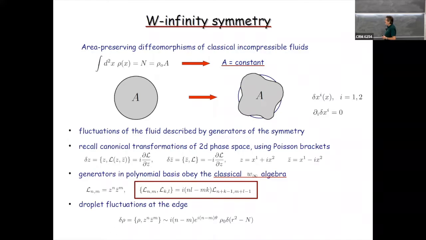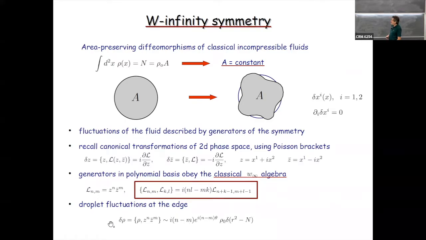And so for example, how do I describe the fluctuation of the boundary? Well, the fluctuation of the density, by the chain rule, is simply the Poisson bracket of the density with the generator. I know that rho is a kind of circular step function, so the derivative will produce a delta function, okay?